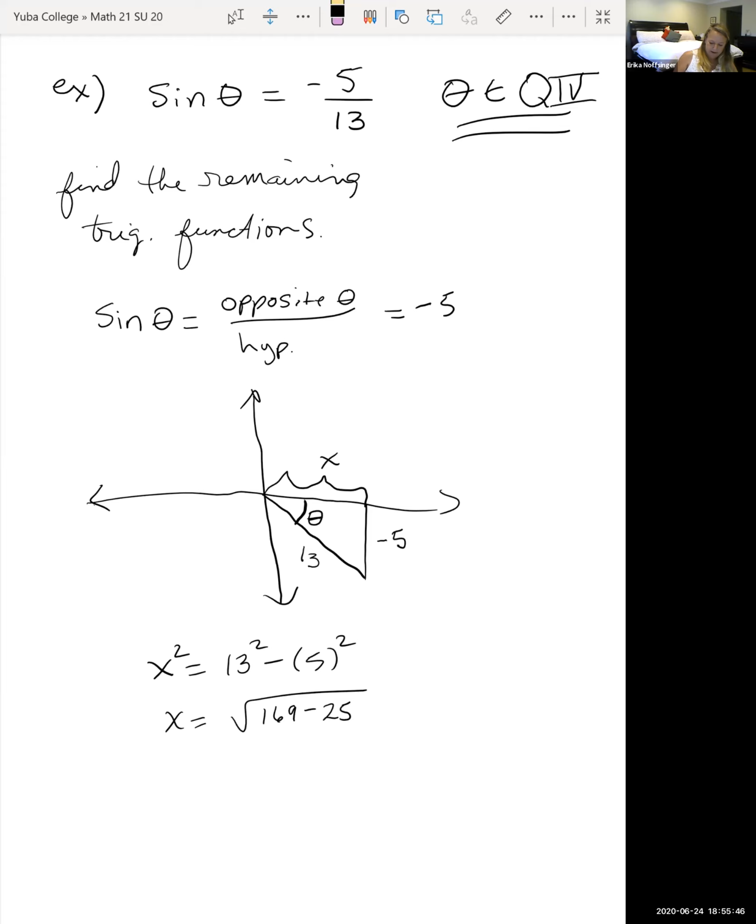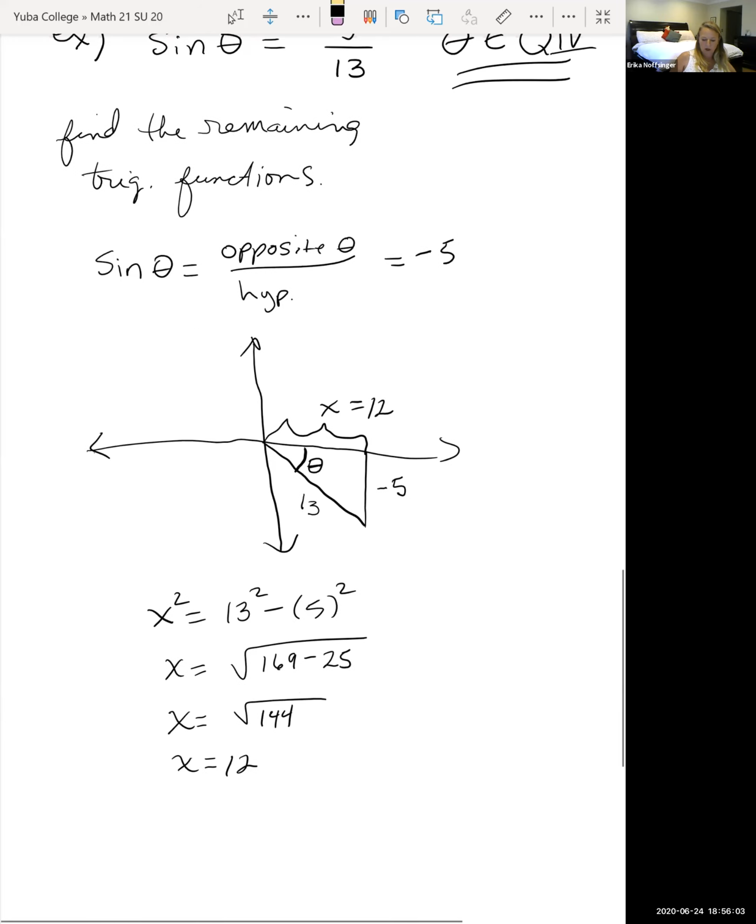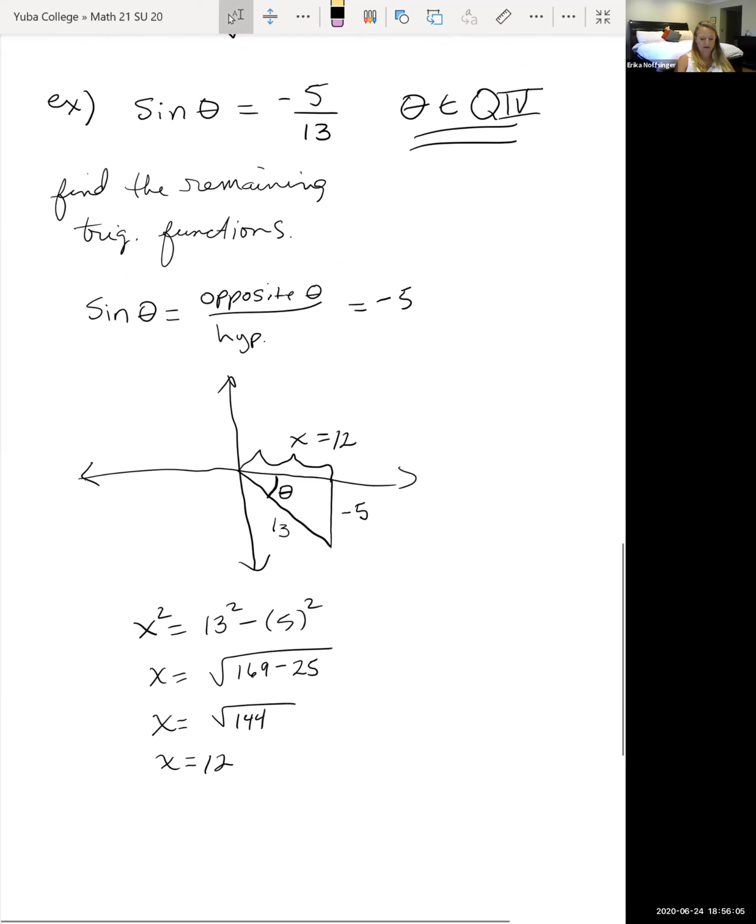So this is the square root of 144, which is 12. And so from there, you should be able to get the other 5 trigonometric functions. You guys good with that?